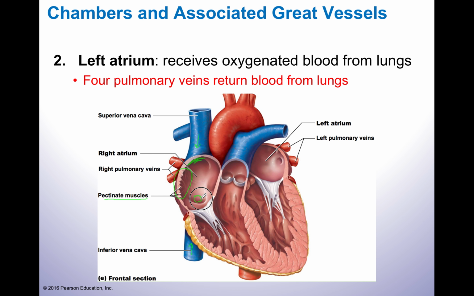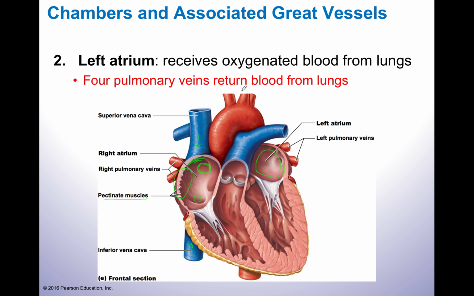This is the entrance to the right atrium from the inferior vena cava, and this one is the entrance for the superior vena cava. They don't show the coronary sinus because it's relatively small, but it also comes in on the superior aspect of the heart. Now, on the other hand, we have the left atrium right here.